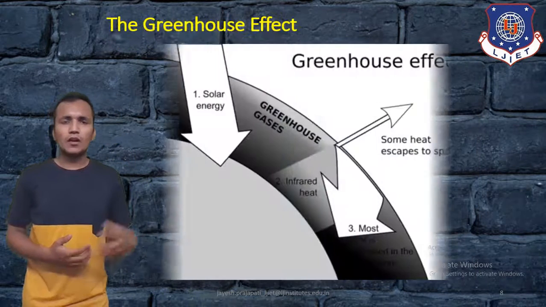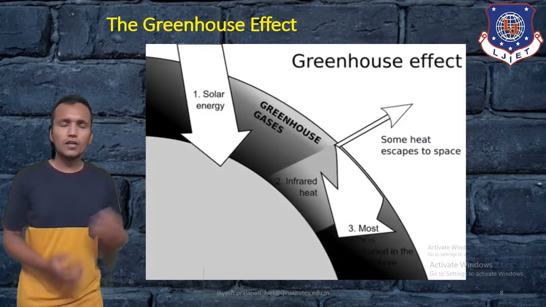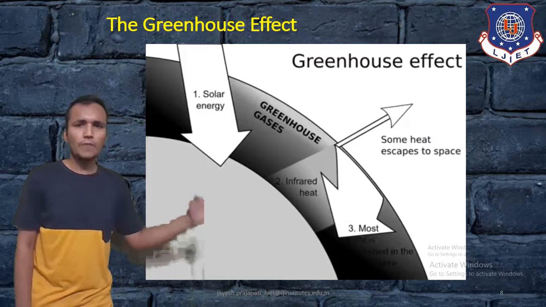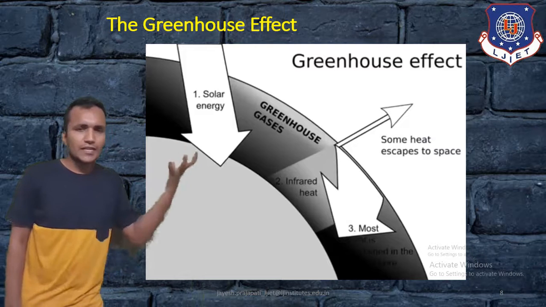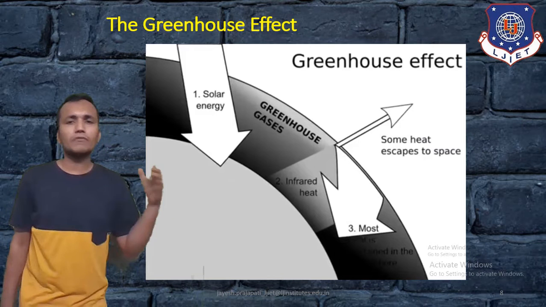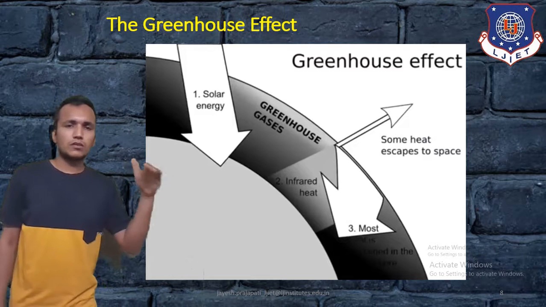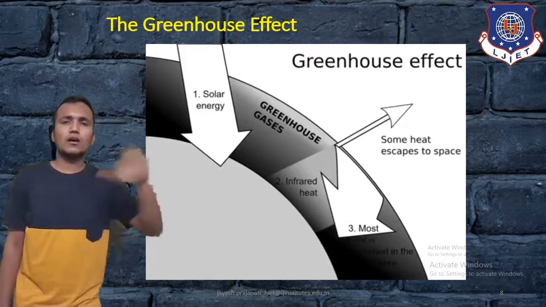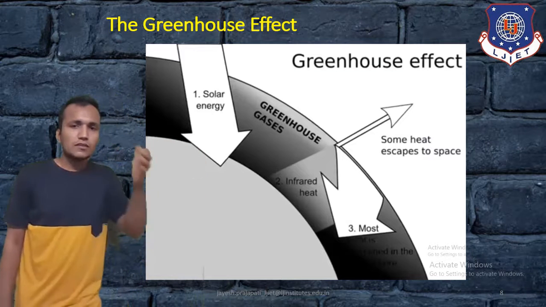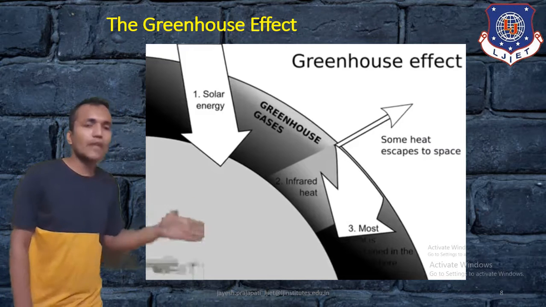Now, what is the greenhouse effect basically? First, solar energy reaches the earth's surface. Some of the solar energy is absorbed by the earth's surface and some of the heat is reflected to the atmosphere, and due to the greenhouse gases, this radiation is returned back to the earth.